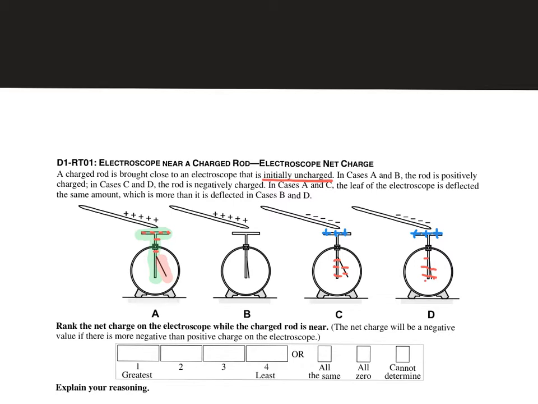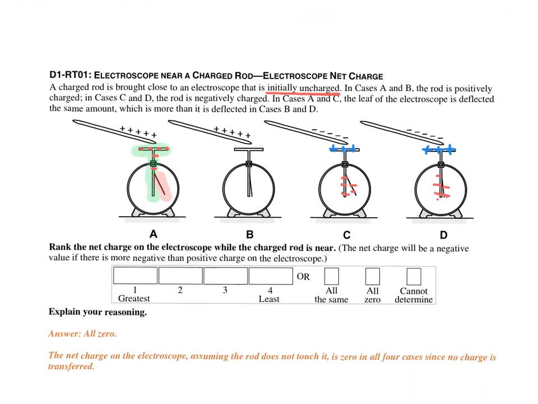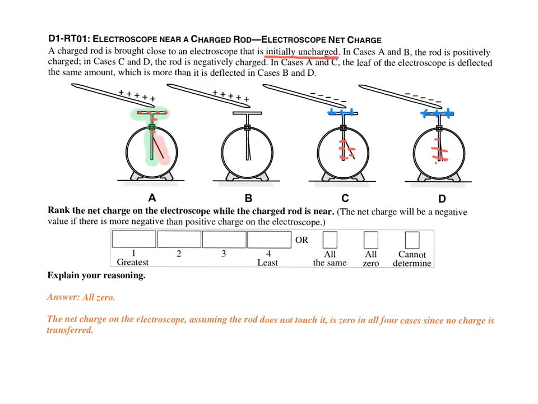Initially, the scope is uncharged, meaning it's neutral, just as many minuses as there are plus. Did the net charge change? Yes or no? No. So it looks like they're all zero, rather than the same.